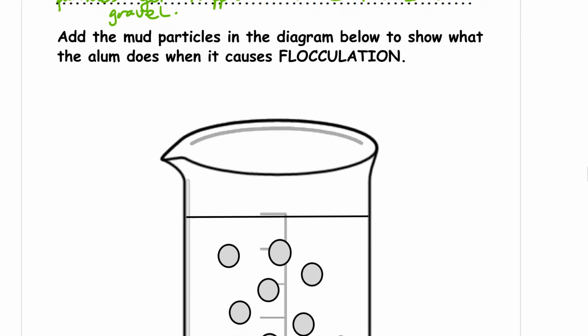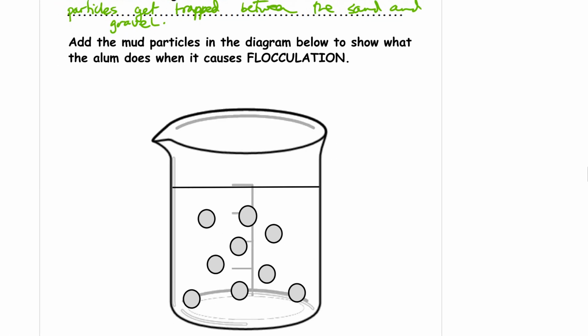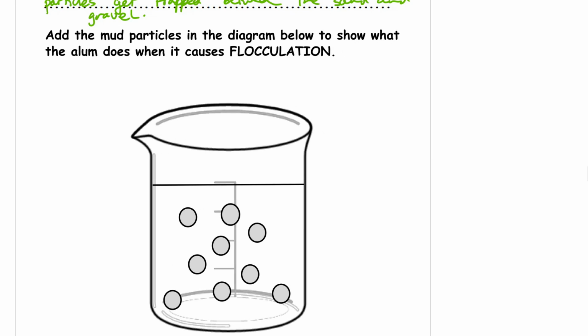Add the mud particles in the diagram below to show what the alum does when it causes flocculation. So these are the alum particles.